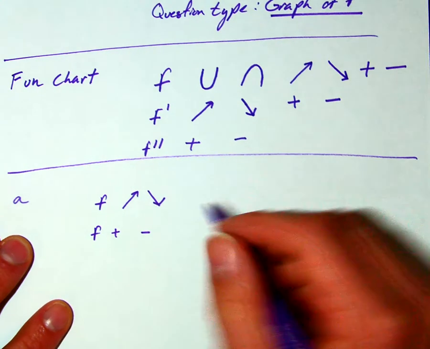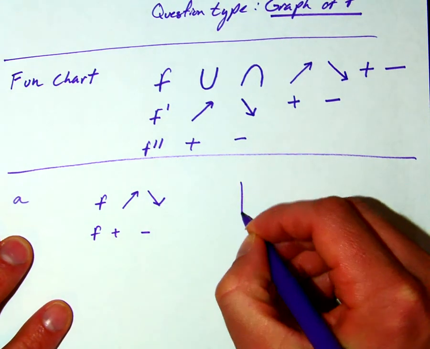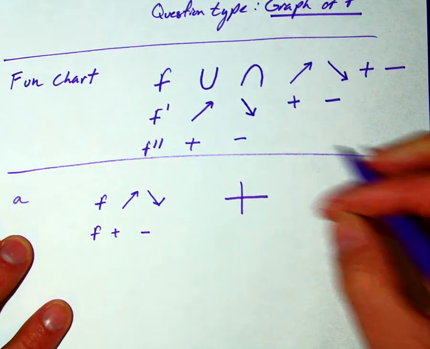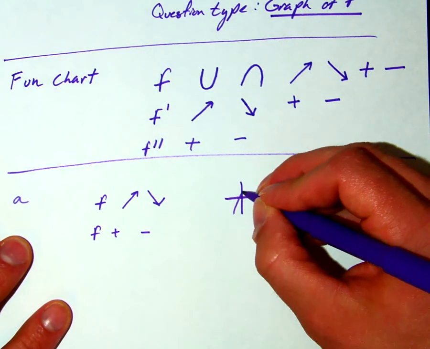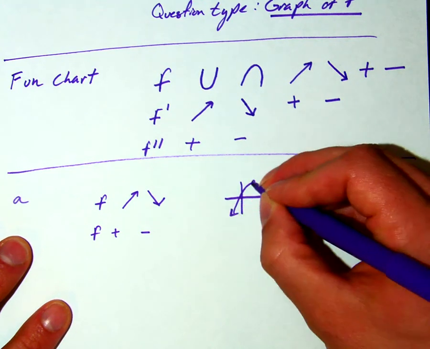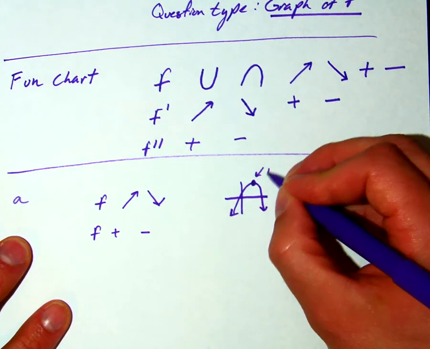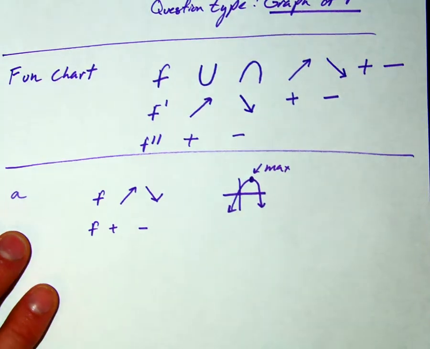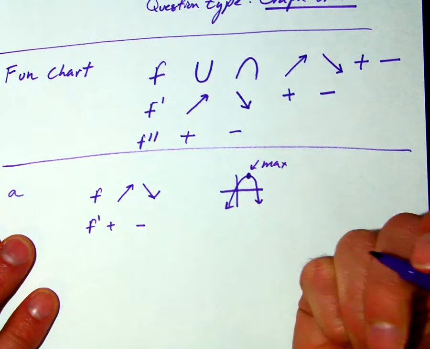For example, let's make a graph of f. Let's say f looks something like this. I can see here is the max. Oops, I forgot my prime, f prime.